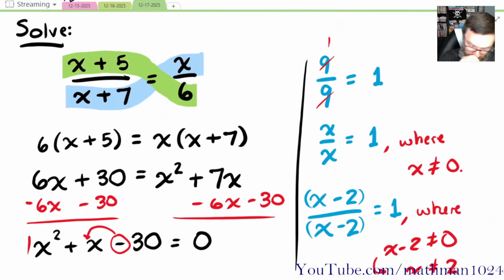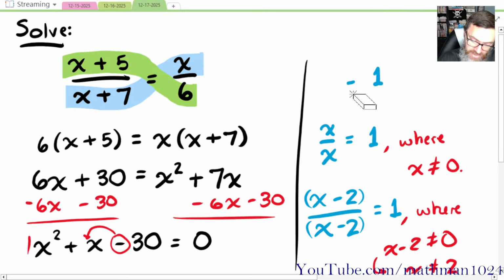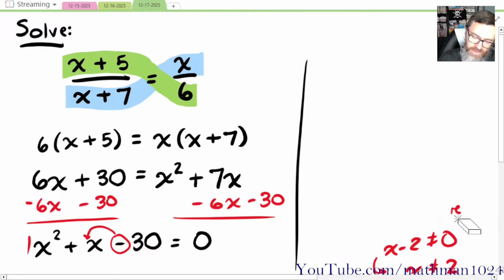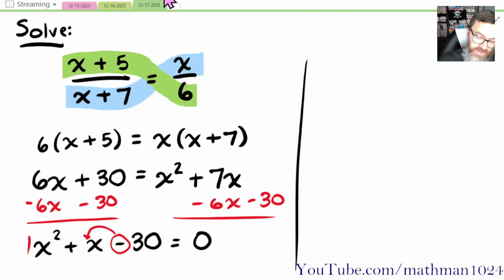So I'm just going to erase this stuff real quick. When it comes to solving rational equations, you have to be mindful of restricted values.